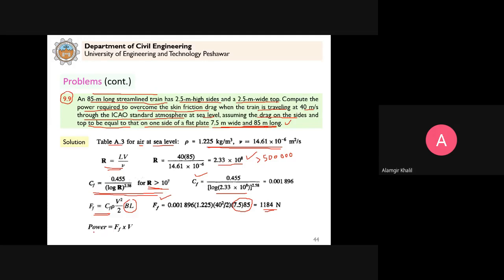Now power is equal to force times velocity. So we multiply this force with the velocity of the train, which is 40 meters per second. This is the power required to overcome the skin friction drag.